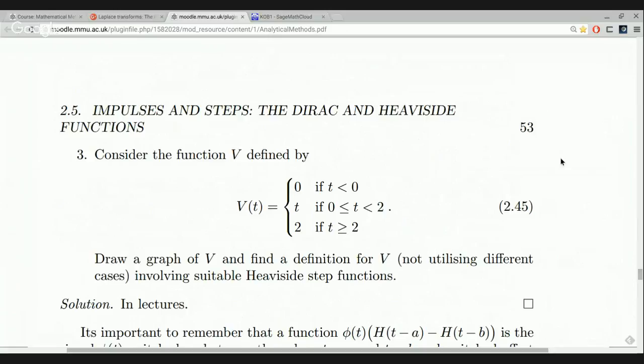I mean, the different cases are still there, but they're bundled up in this standard way into the definition of this Heaviside step function. We haven't magically gotten rid of this different cases behavior. We've just expressed it in this standard way, using this one single device of a Heaviside step function.